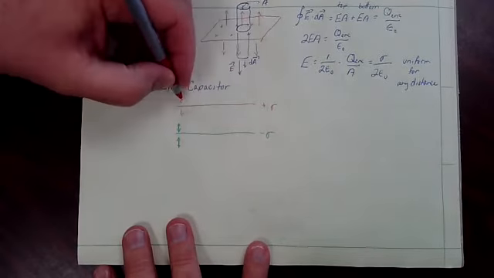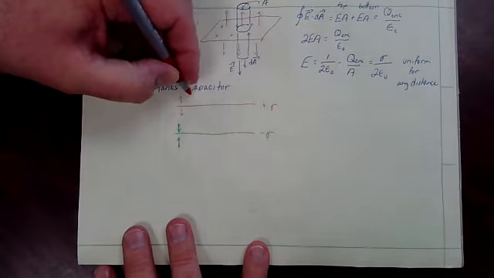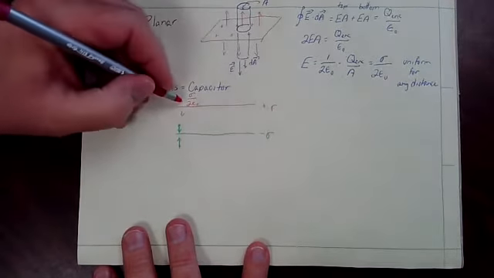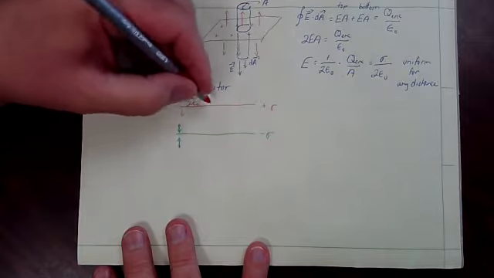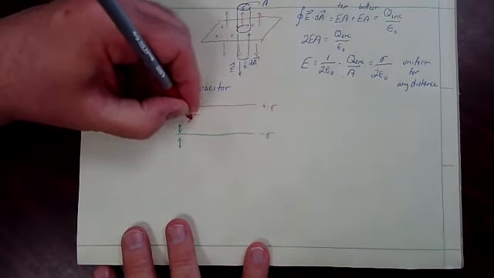So the electric field that's outward on the top part is going to be sigma over 2 epsilon naught. The electric field that's going downward is also going to be sigma over 2 epsilon naught.